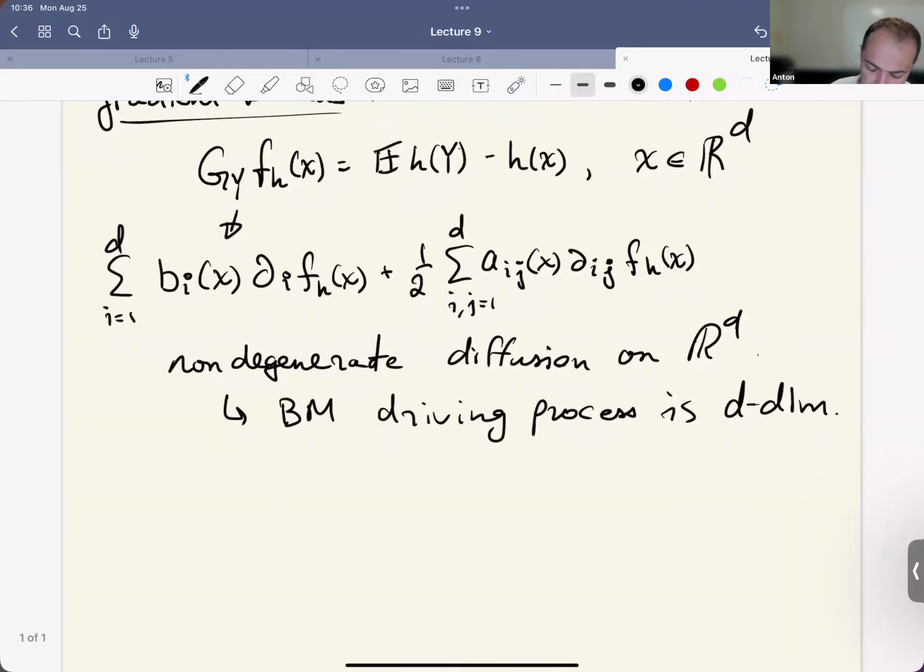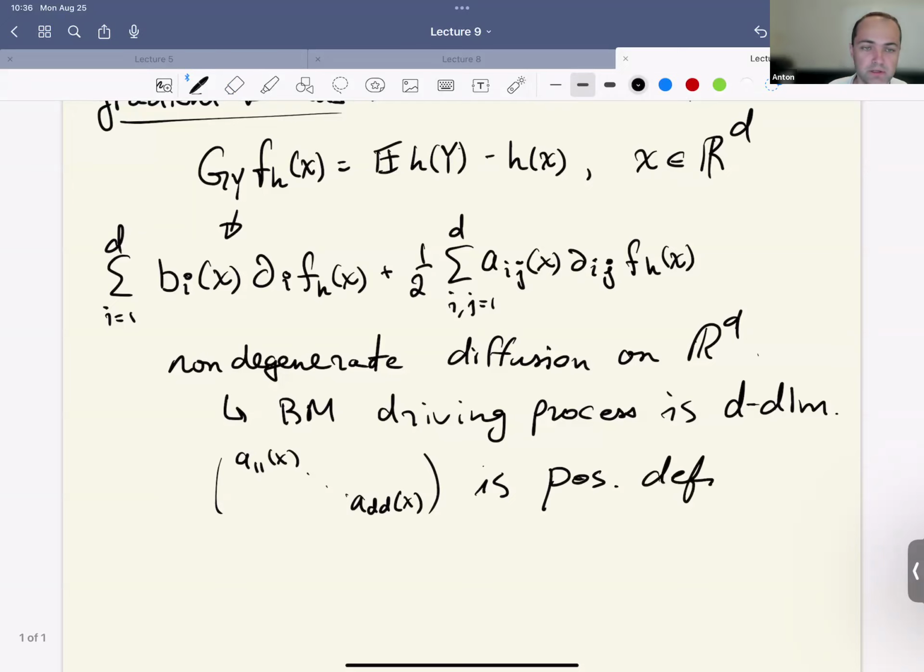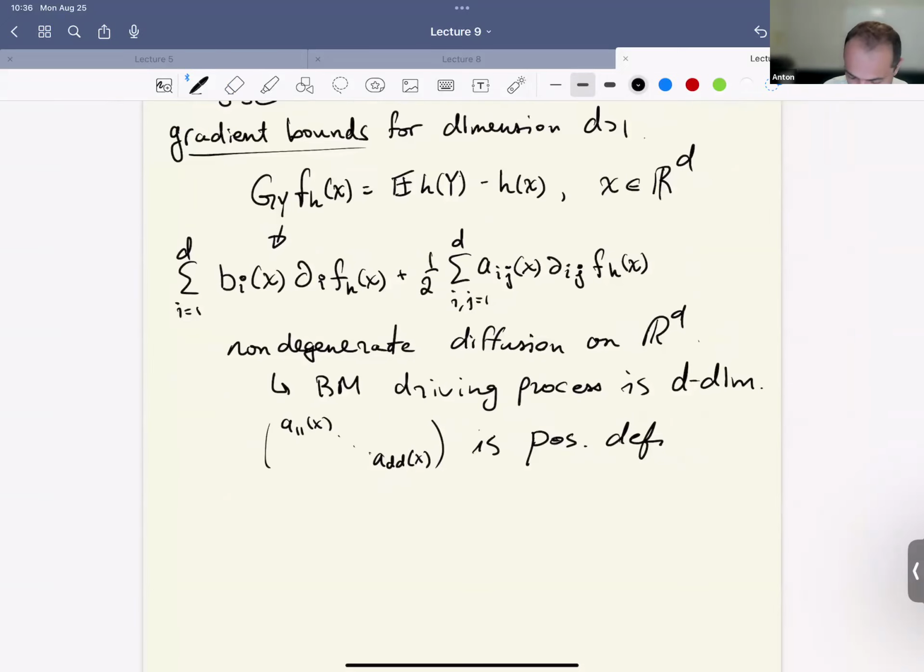Another way to state this is that the diffusion coefficient matrix, with entries a_11 of x through a_dd of x, is positive definite.